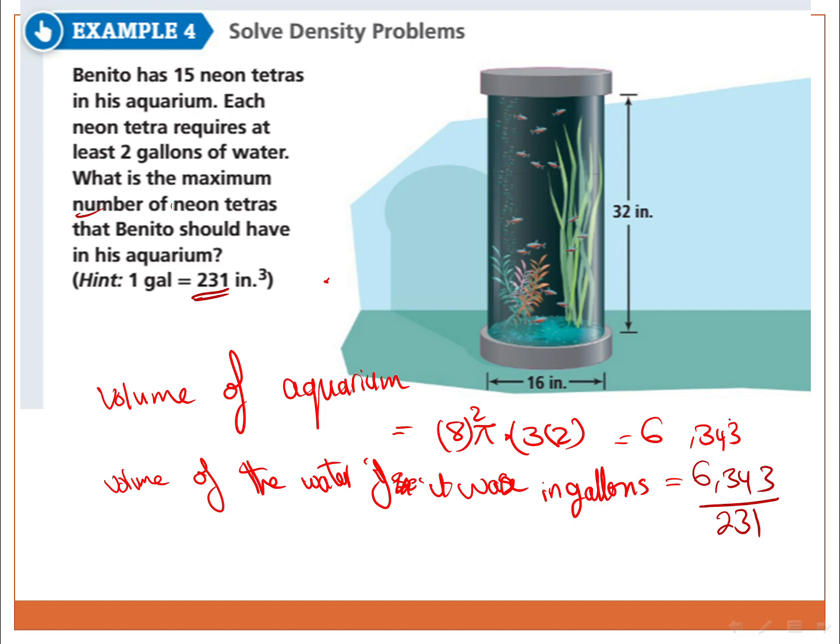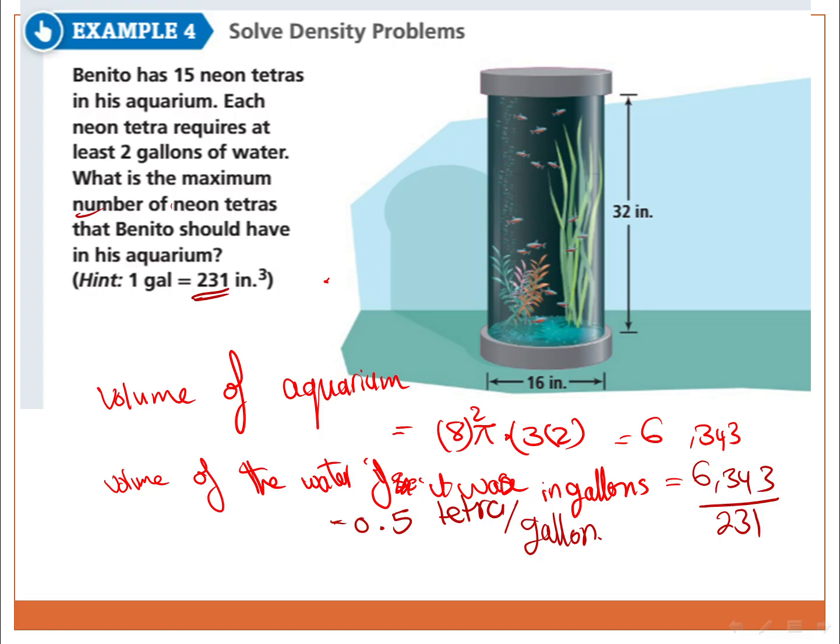If you just divide, it's going to be 0.5 tetra for each gallon. Okay, here we found the tetras per gallon.